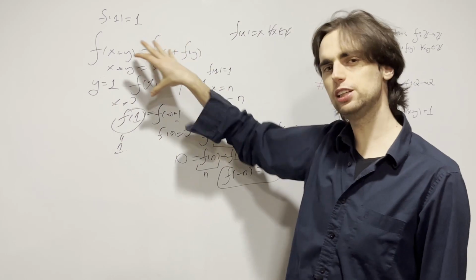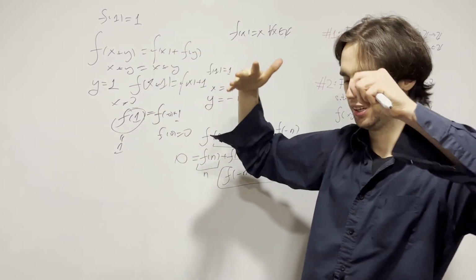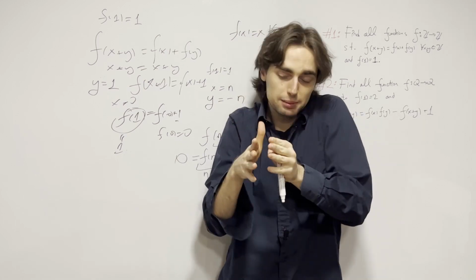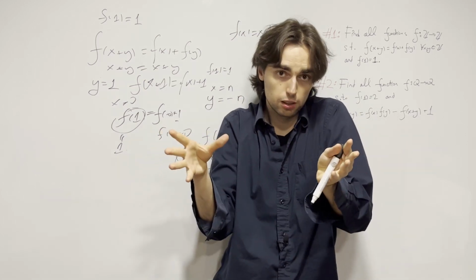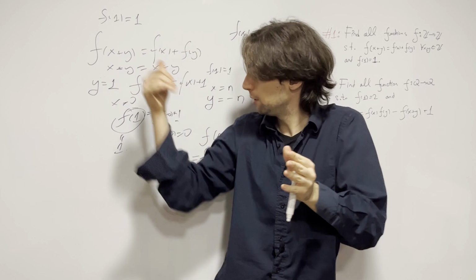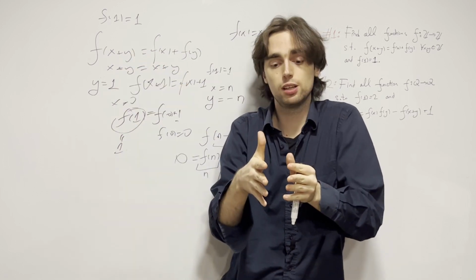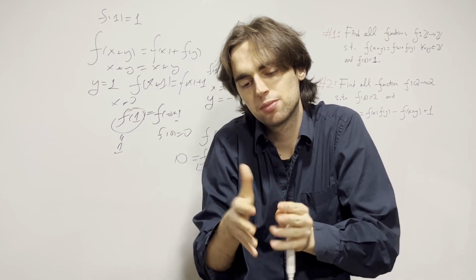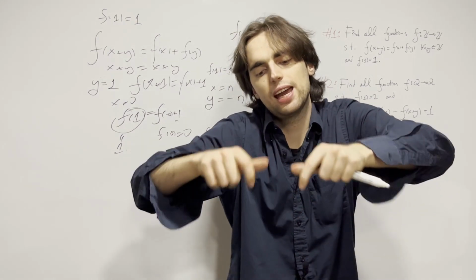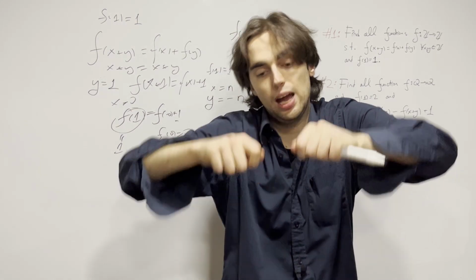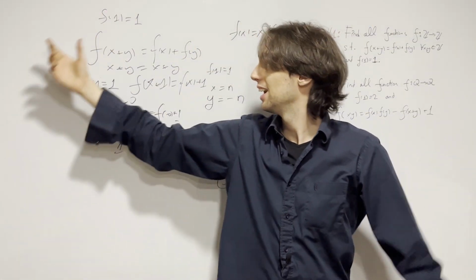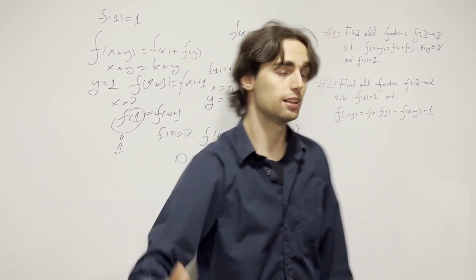But we always need to check that what we've figured out f needs to be, by plugging in a subset of all the possible inputs to the functional equation, actually satisfies everything else we haven't plugged in. We need to check that once we narrow down what f is, and that's why you need to check at the end of it.